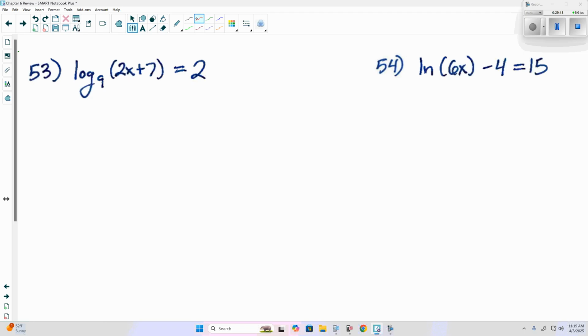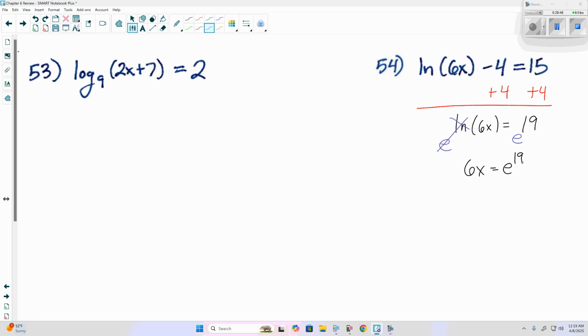So the first thing we need to do here is get the log by itself. So we can add 4, telling us the natural log of 6x is equal to 19. Now we have one term on either side. So we can use our base e to cancel out that natural log, telling us 6x is equal to e to the 19th.